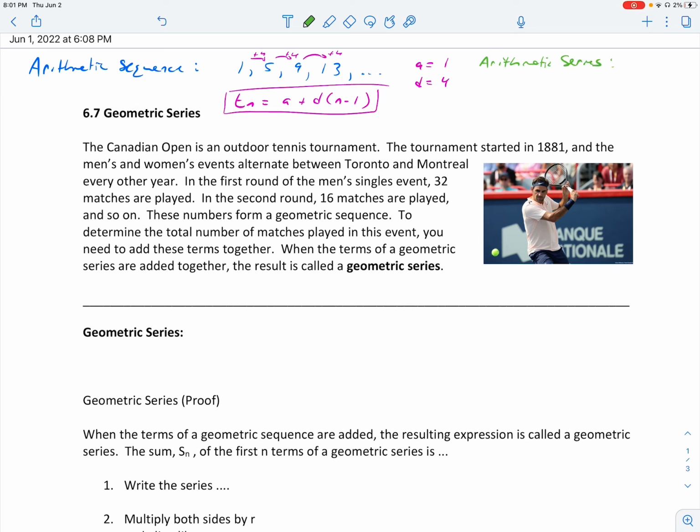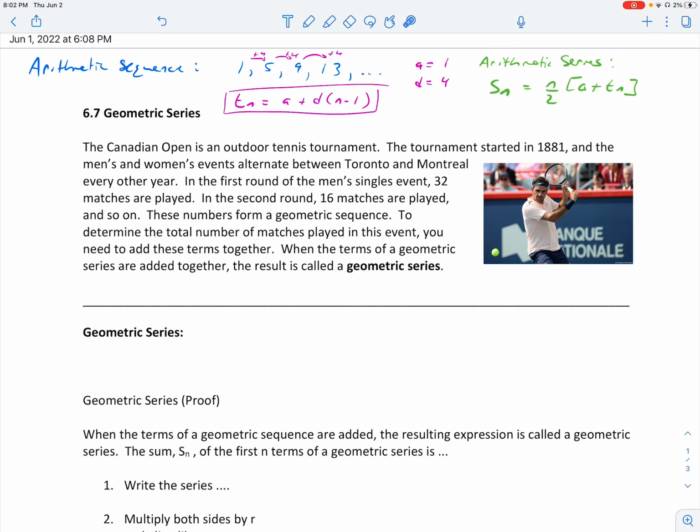To find the sum of all the terms, we take the number of terms and divide it by 2, and then we add the first and last term together. So again, this is the first term, this would be the last term.